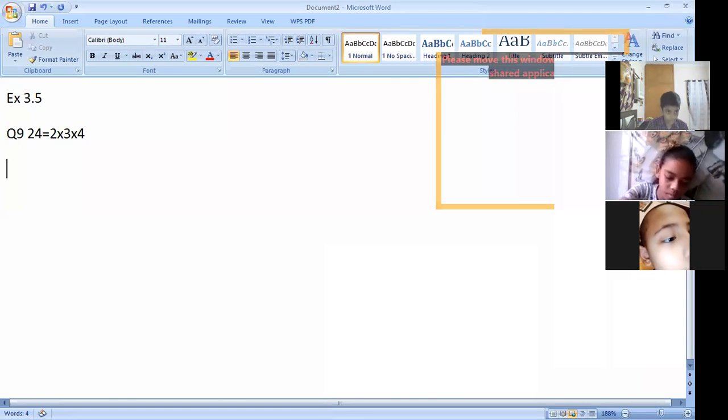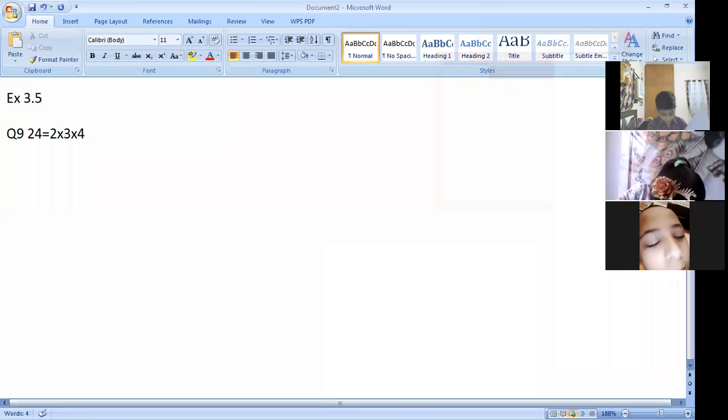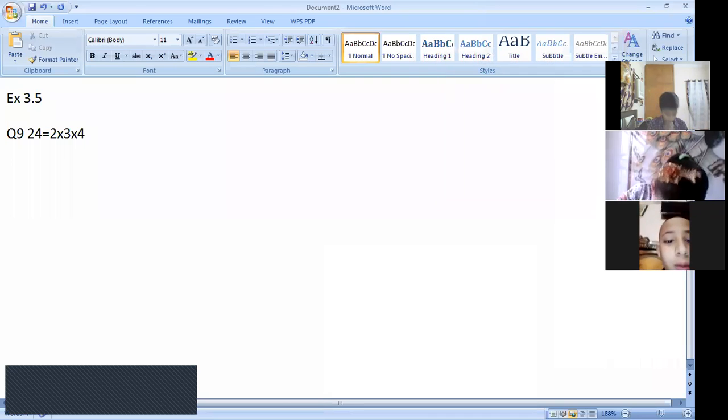As you know, if they are talking about prime factorization, 2 is a prime factor, 3 is a prime factor, but 4 is not a prime factor. Isn't it? 4 goes in other tables also. That is a composite number.